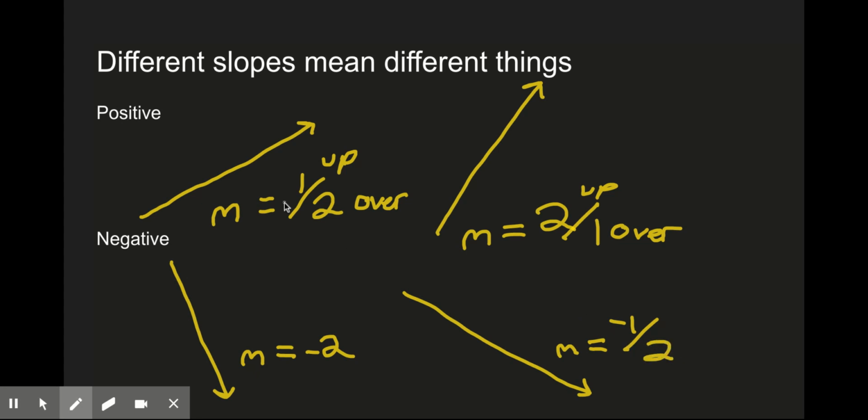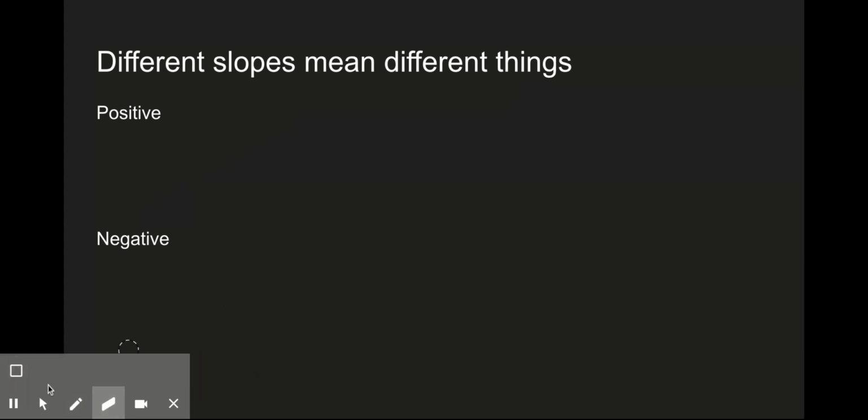All right. So 99% of the time, we'll be living in this world where these things occur. But I do want to talk about some special cases so that we're not surprised when we see them. The first special case that I want to talk about is the zero slope. Now here's the thing about the zero slope, you guys. The only way we get the zero slope is for our change in y over our change in x to equal 0.